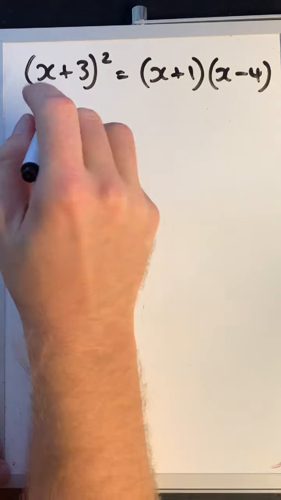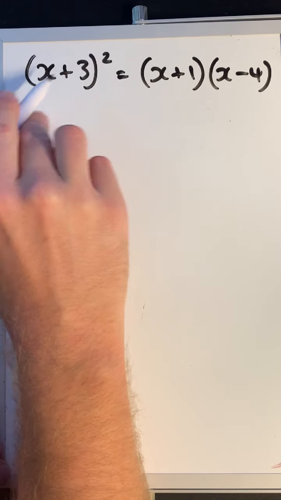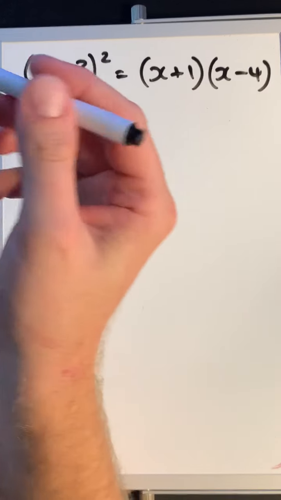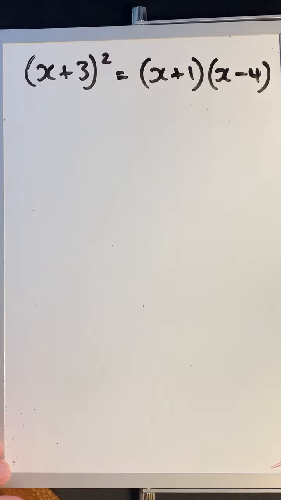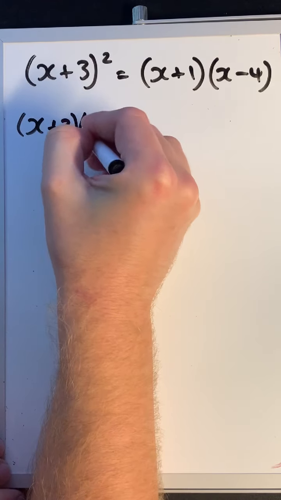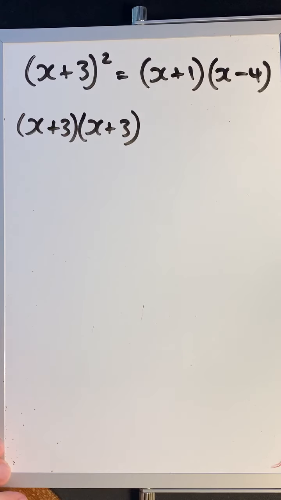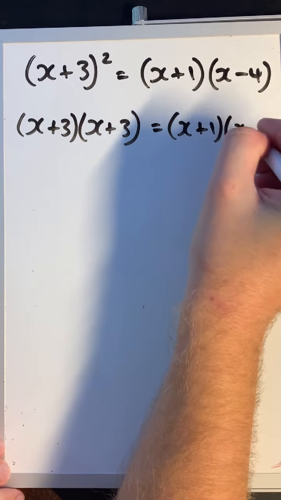Easy mistake to make. When you're squaring out a bracket, remember you don't just square this term and square this term. Okay, whenever you've got anything squared, it means it's that thing, that term, multiplied by itself. Okay, so x plus 3 times x plus 3. Okay, bracket times itself. And on this side, of course, it'll stay the same.